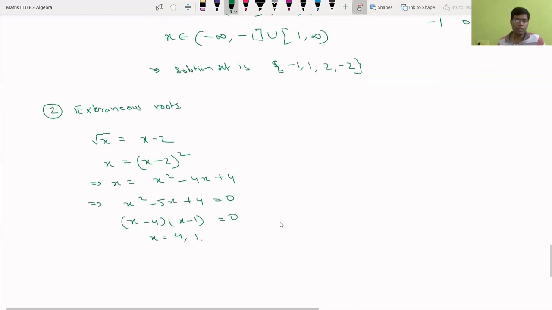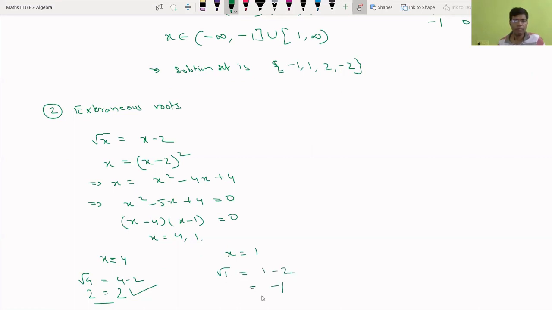But if you put the values back in the equation, when x = 4, my LHS is √4, which is 2, and the RHS is 4 − 2 = 2. So this is perfectly satisfying. When x = 1, I have LHS as √1 = 1, and the RHS is 1 − 2, which is −1. So 1 is not equal to −1.